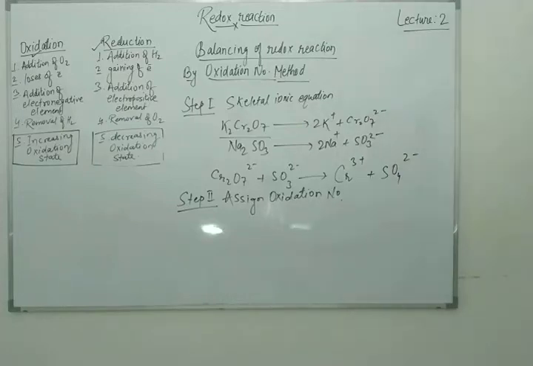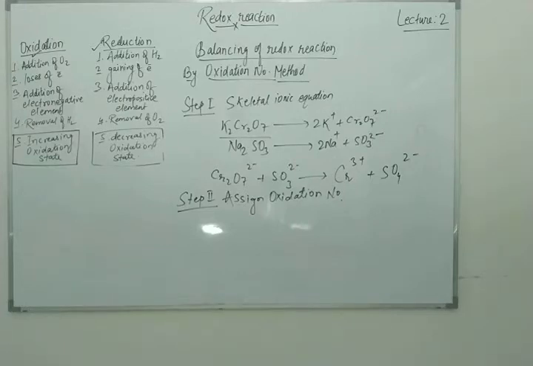For chromium and sulfur, it will be +6, -2, +4, -2, +3, +6, -2. Means Cr2O7 2- plus SO3 2-, giving Cr3+ and SO4 2-.